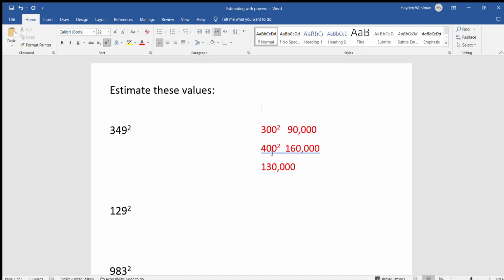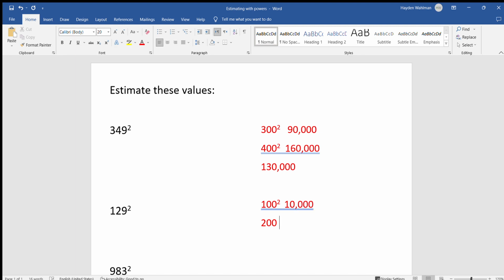129 squared. Well, what's the lower boundary? If we round it to the nearest 100, it's going to be 100. And the upper boundary is going to be 200, because 129 is between 100 and 200, and we could do 100 squared and 200 squared in our head, right? Because we're estimating. So what's 100 squared? We know it's 1 with 4 zeros at the end, it's 10,000.